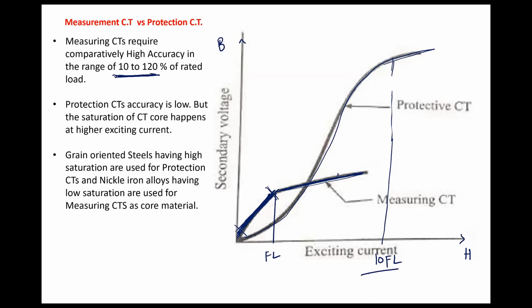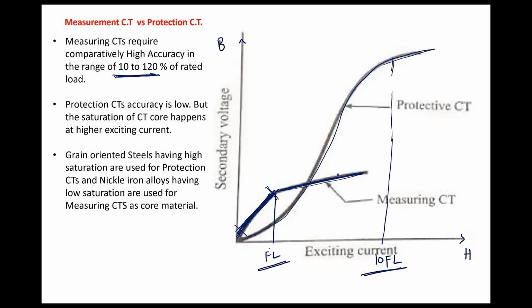The two things you have to remember: the measuring CT should be more accurate, and it should operate linearly from 10% to 120% of full load current, and after that it gets saturated. Second point, protection CT accuracy is low because it needs to operate in a wide range, from full load current to 10 times full load current.